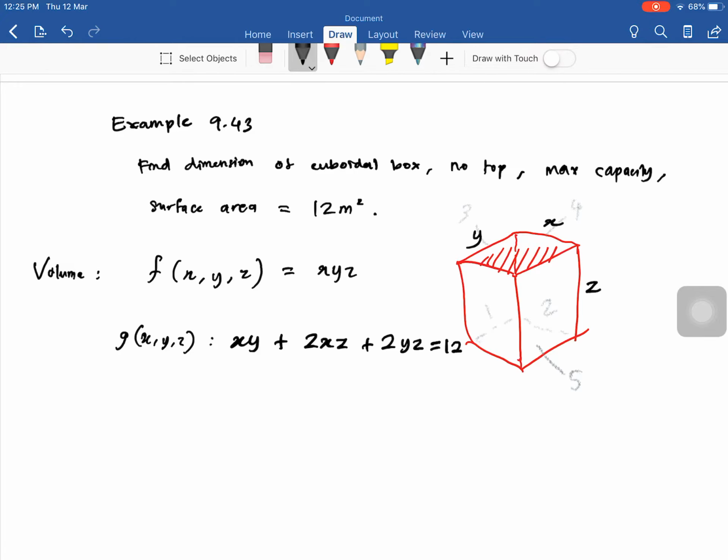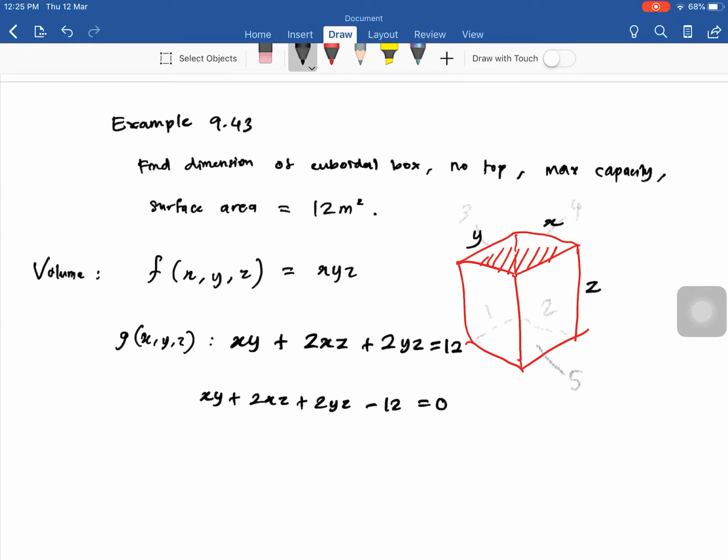Okay, so now since we know the function already, but since we want to use the Lagrange method, which is the one that includes the auxiliary function, we need to make the g function, the constraint, equal to 0. So xy plus 2xz plus 2yz minus 12 is equal to 0.